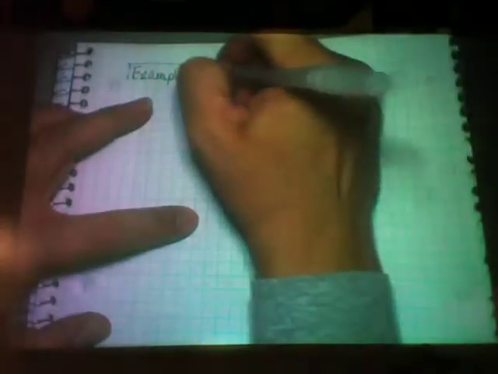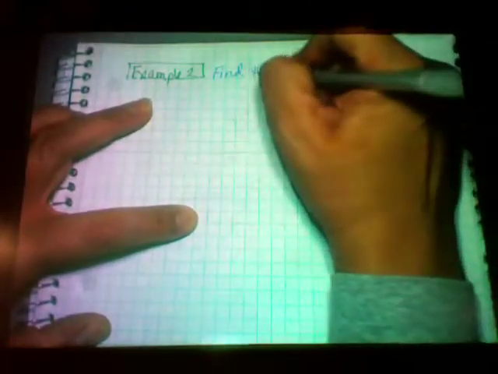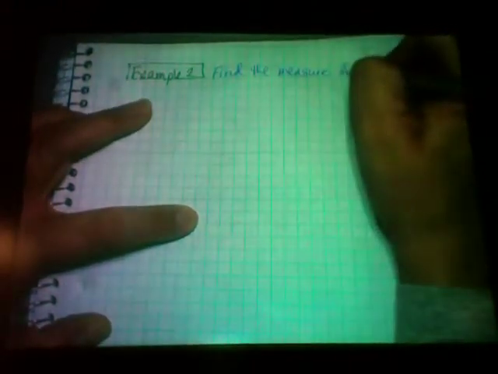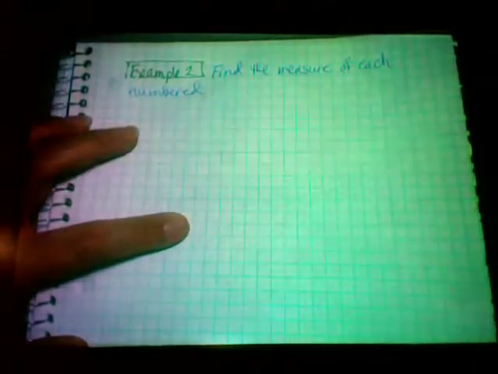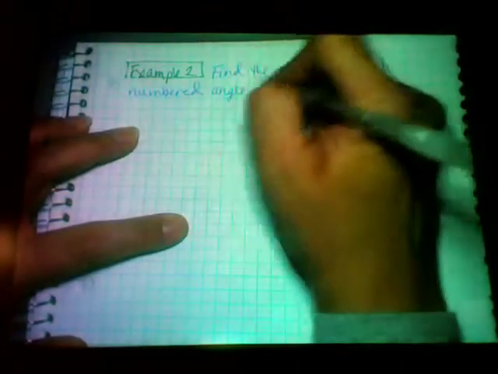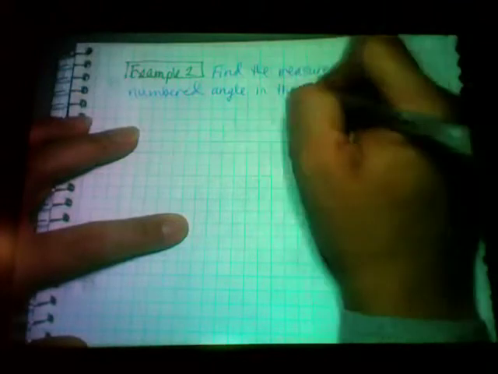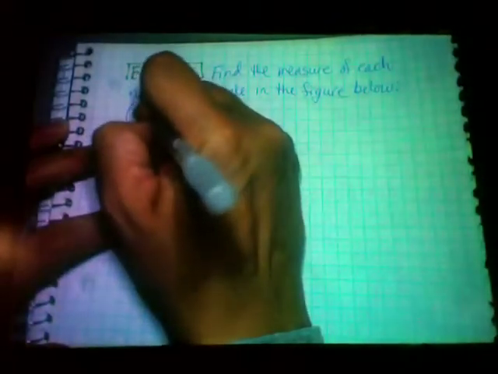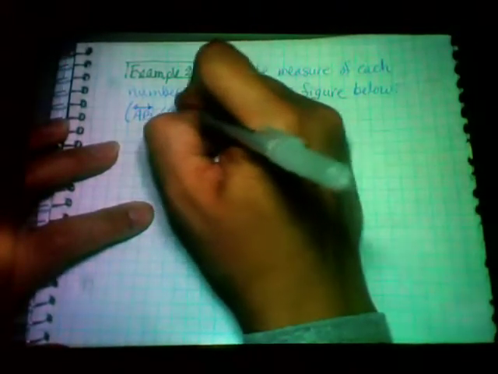Find the measure of each numbered angle in the figure below. And by the way, line AB is parallel to line CD. And here's what the figure looks like. Use your graph paper.